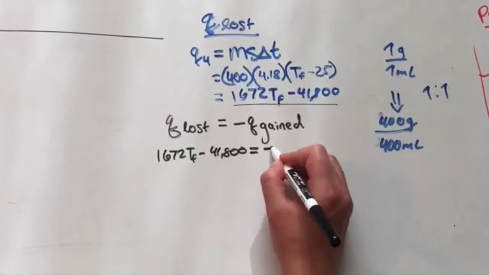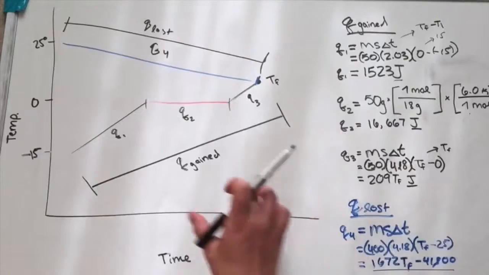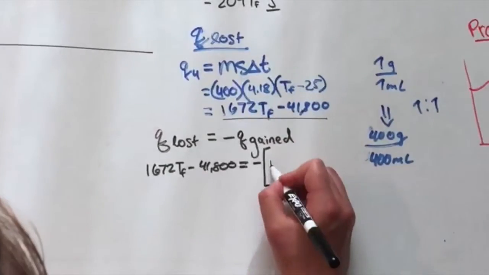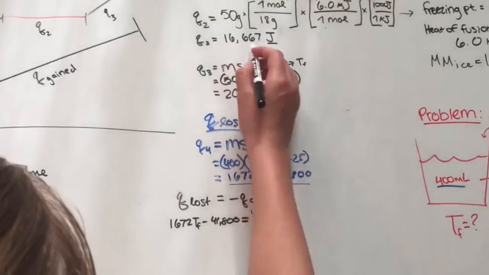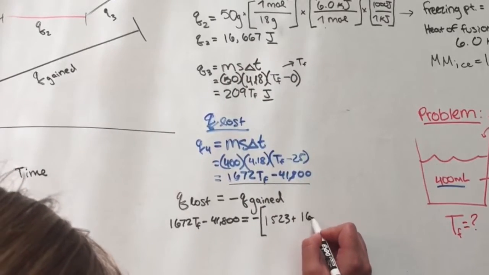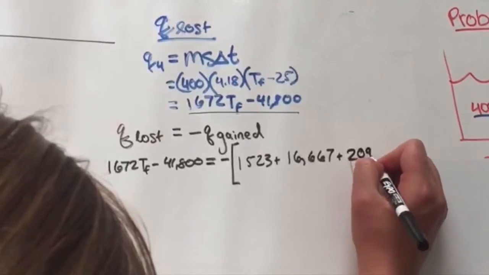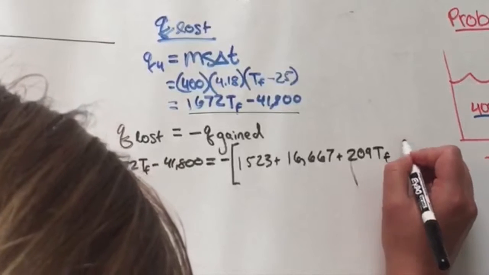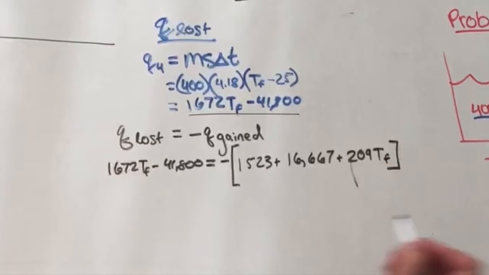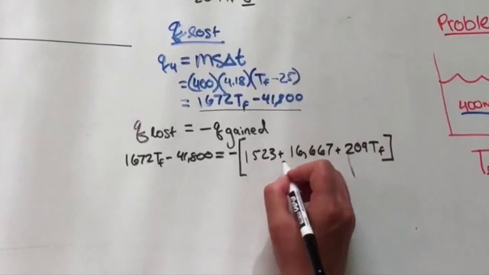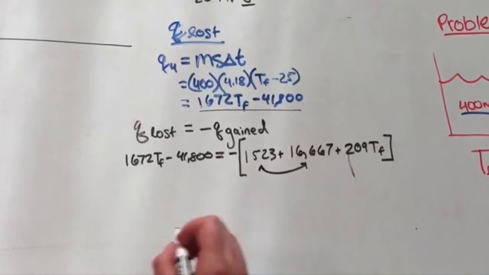And that's equal to negative Q gained. So we're just going to add these 3 sections together. Q1, up there we can find Q2. And lastly, we have the 209 times the quantity TF. So from here on, it's all basic algebra.